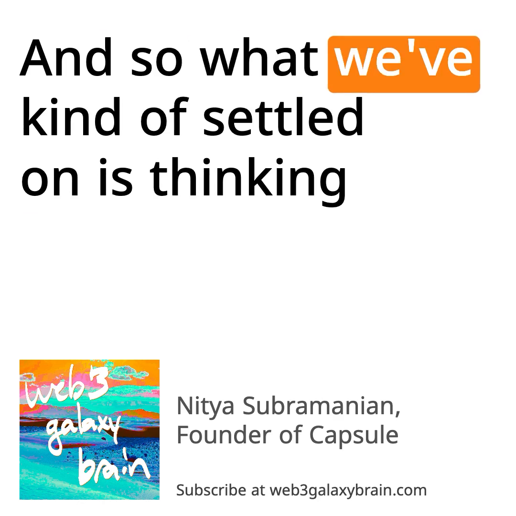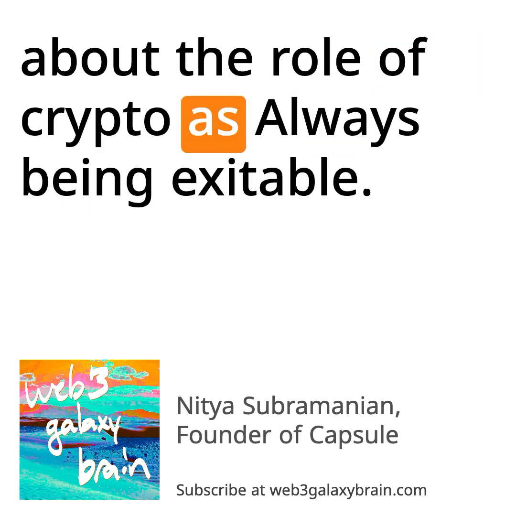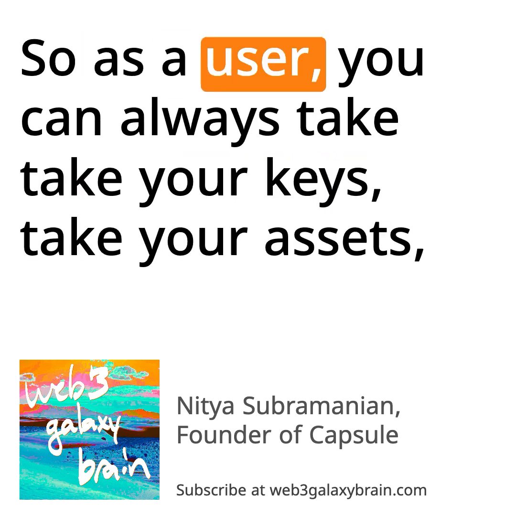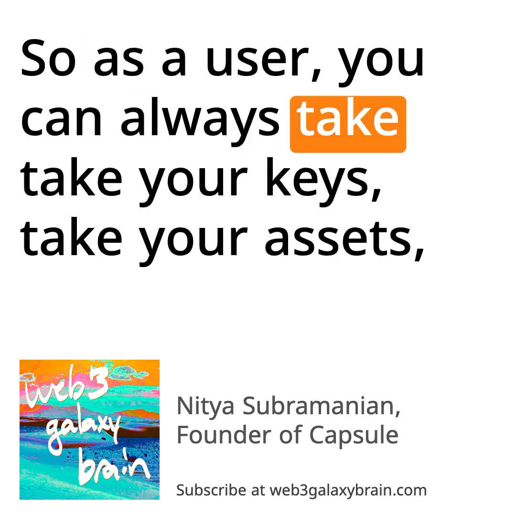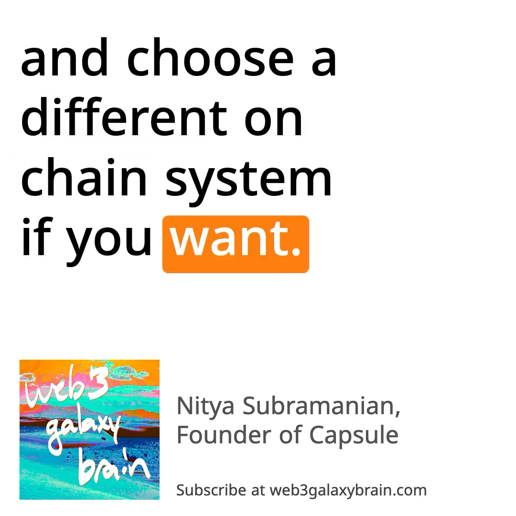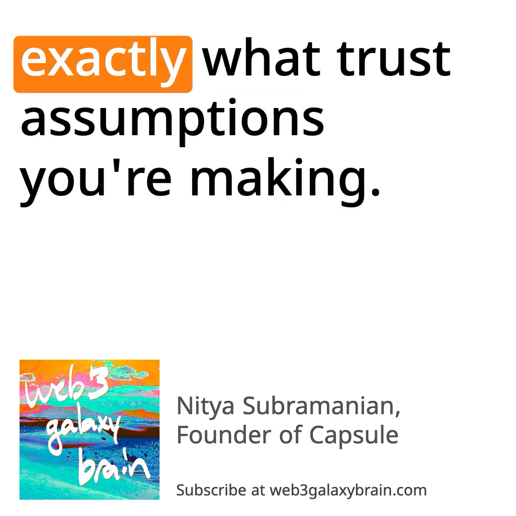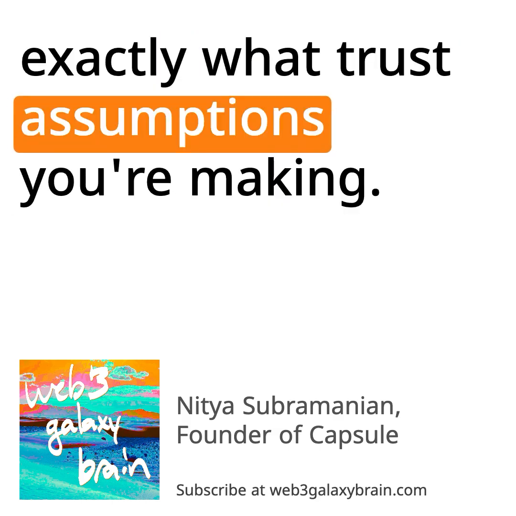And so what we've settled on is thinking about the role of crypto as always being exitable. So as a user, you can always take your keys, take your assets and choose a different on-chain system if you want. You should also always have the right to know exactly what trust assumptions you're making.